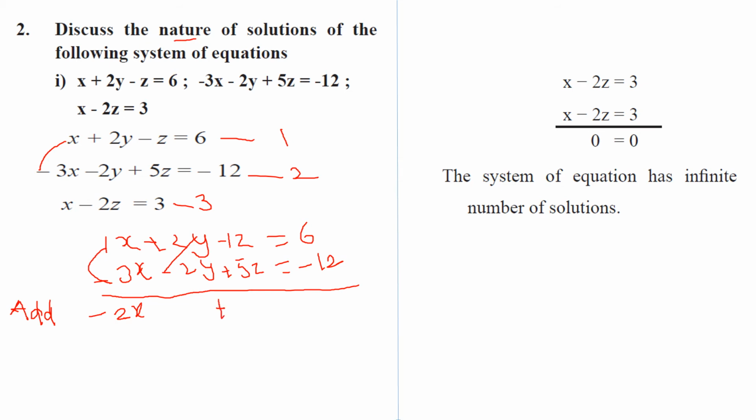So plus 4z. 6 minus 12, here also one plus, one minus, subtract, get 6 and the greater number sign, minus 6. After that you can divide by minus 2. So we get x, minus 2 by minus 2, 1. So x and plus 4z by minus 2 means minus 2z equal to 3. So keep it as the fourth equation.